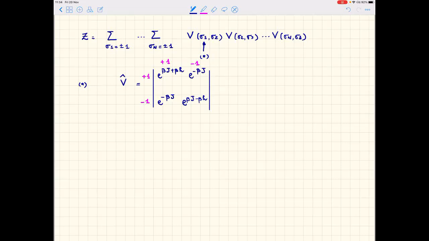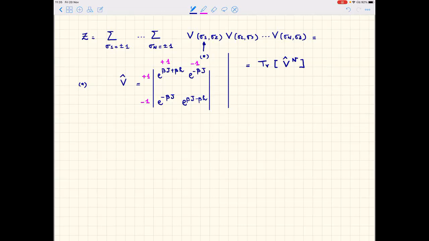Now, the fact that I have a summation, as you mentioned, means that I can interpret this as being equal to the trace of the matrix V to the power n. You see this?